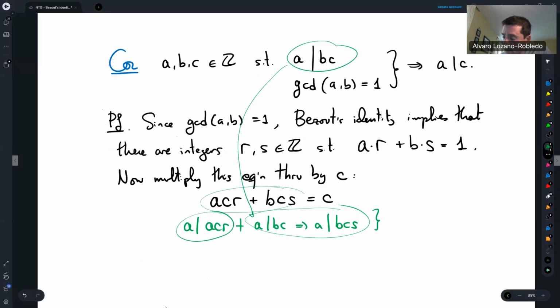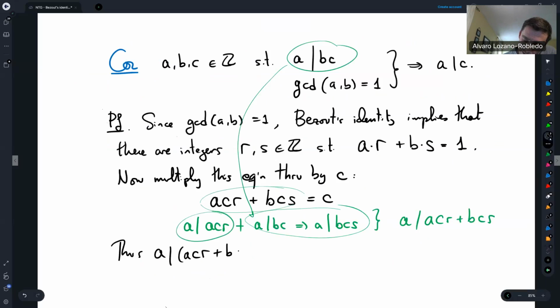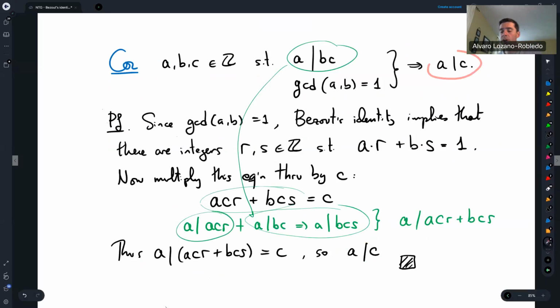So thus, this does tell me that A divides the left-hand side, ACR plus BCS. So therefore, A divides ACR plus BCS, which is C. So A divides C as well, which is what I wanted to prove. That's it. It tells me that A divides C, which is the conclusion that I wanted to draw.